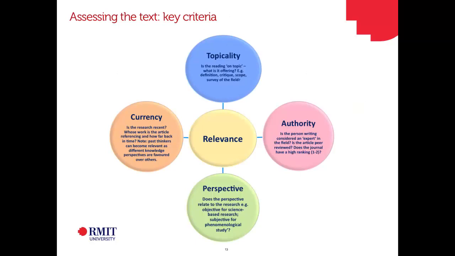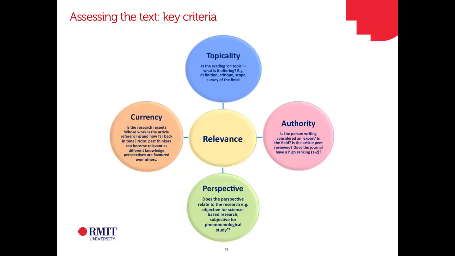Before you read the text for detail, it's important to take its measure in terms of relevance. Save time by checking if this is the right text for your particular needs. Check the title pages, publishing pages, and contents pages. Ask, is the reading on my topic? What does it offer me? Ask, who wrote this?